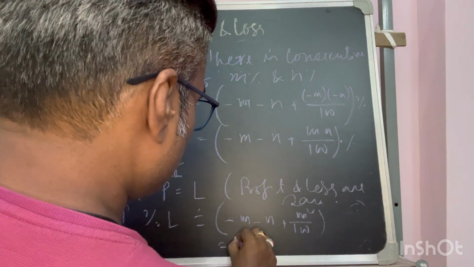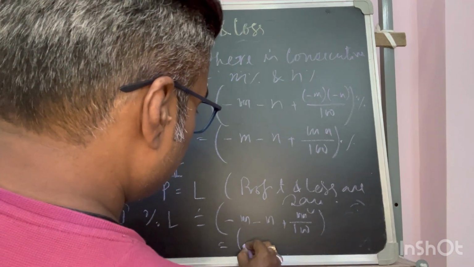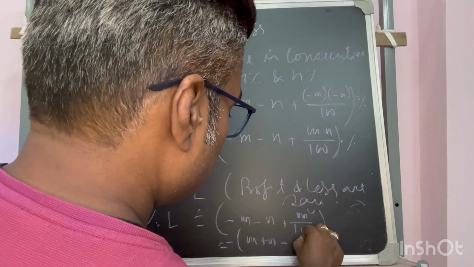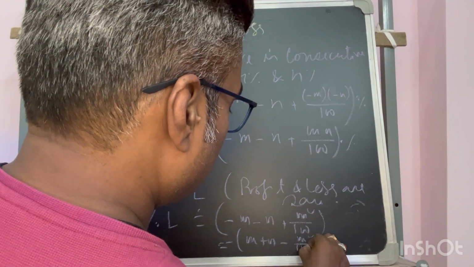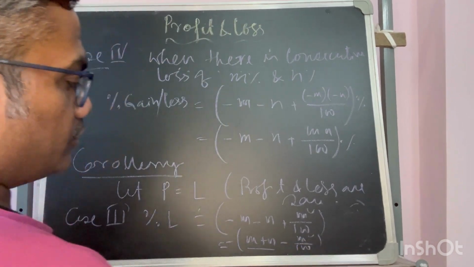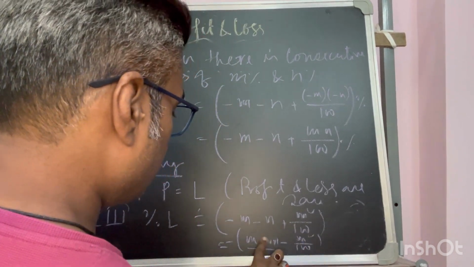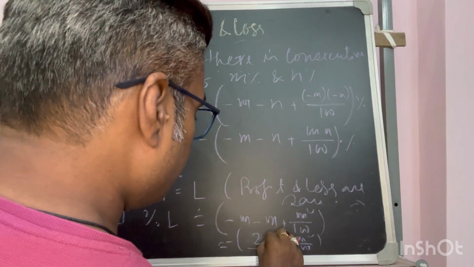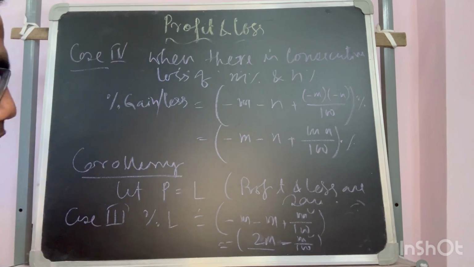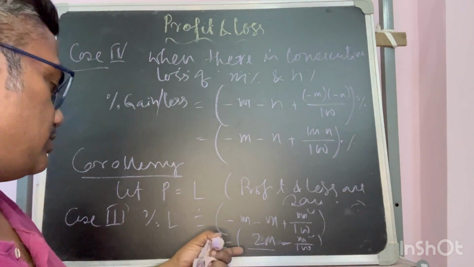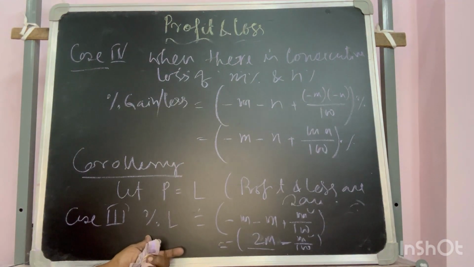So this will definitely be a case where you will always find a loss, because m plus n means 2m will come, and this part will always be higher than this part, so there is always a loss you will incur. Okay.